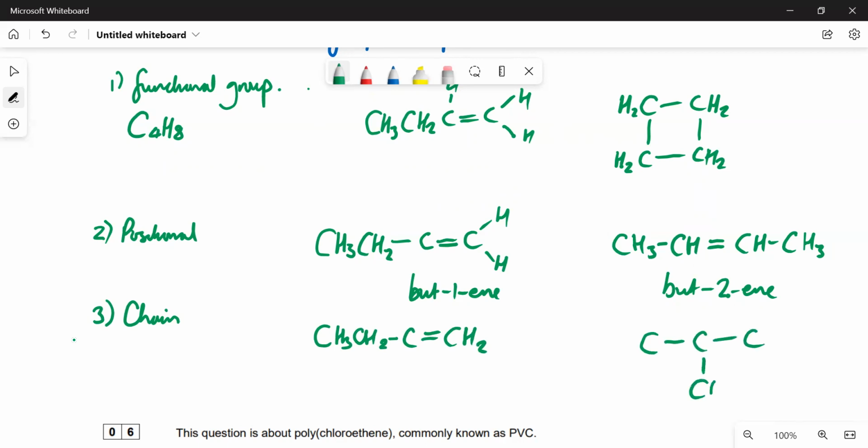So this one here has the same functional group. They've both got an alkene functional group, but you've got a different carbon skeleton. If you like, the one on the right is branched, the one on the left is straight.